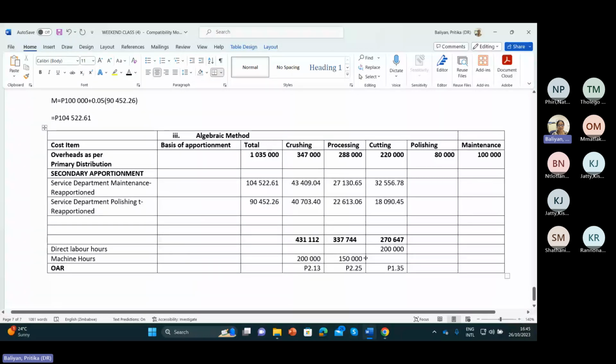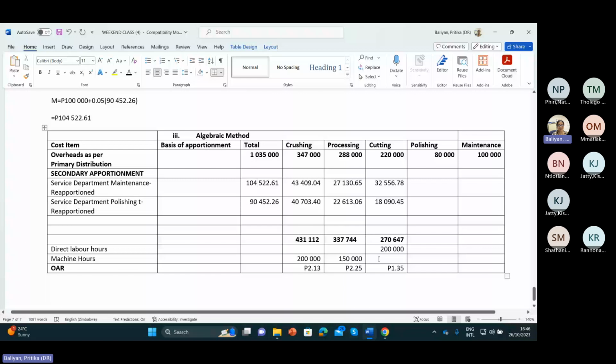When we are looking for the appropriate rate, you have to compare the machine hours and the labor hours, see which is more appropriate, and then divide. In the crushing department, the machine hours are more than the labor hours, so the whole total overhead cost will be divided by the machine hours. In the processing department, it's also machine hours. But in the cutting department, the labor hours are more than the machine hours, so it will be divided by direct labor hours, and then you will get the rate.